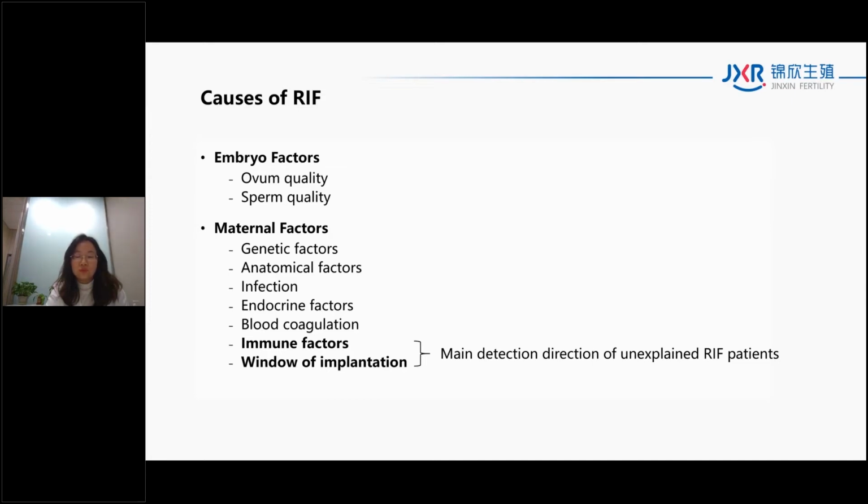Because of the restriction of PGT-A and PGT-M in mainland China, many RIF patients are not able to legally use PGT-A or PGT-M for embryo screening. So we can only use embryo morphology score or time-lapse to evaluate the quality of our embryos.